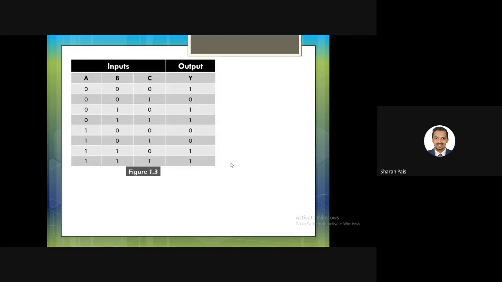So the first is this one. You already have it, I guess, just mark it there. That's it. Write the K map for the following tables. Noted?